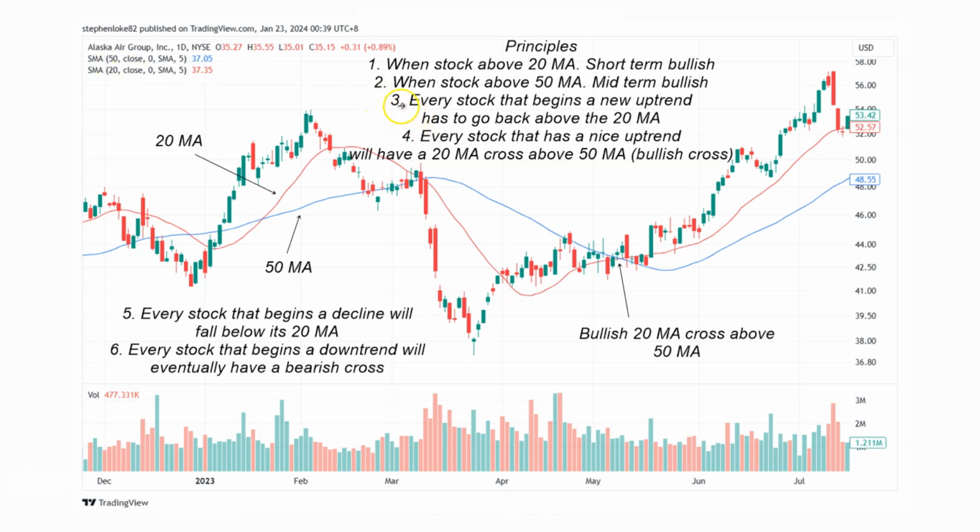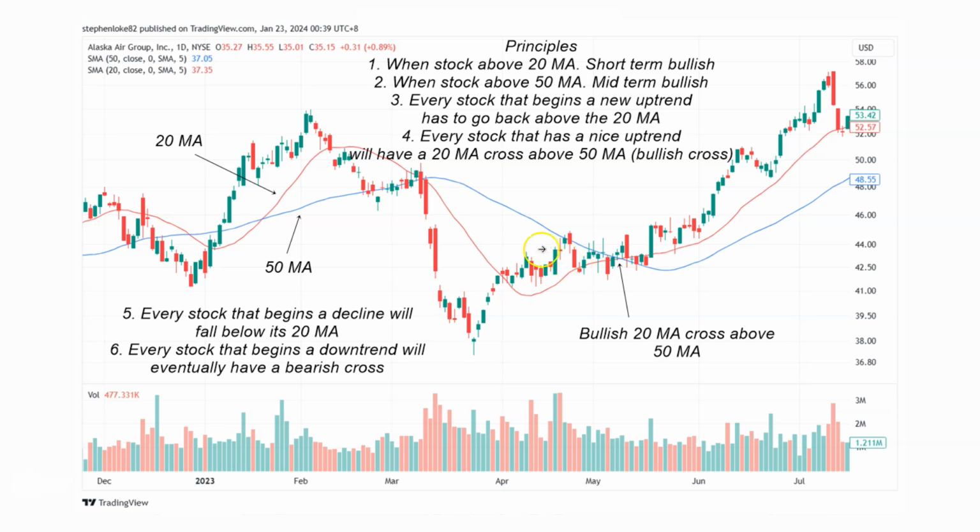Now the third principle you need to know is every stock that begins a new uptrend has to go back above the 20 MA. Now look at this period here. When the stock was below the 20 MA, it was in a downtrend, and here the stock is in an uptrend, but before it started the uptrend, it has to go back above the 20 MA.